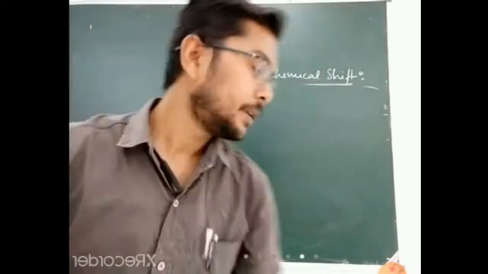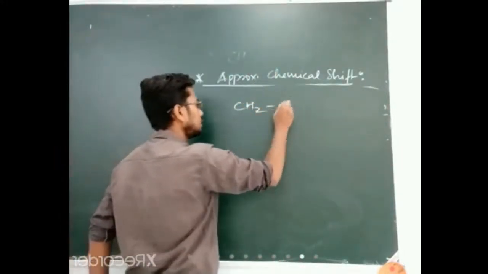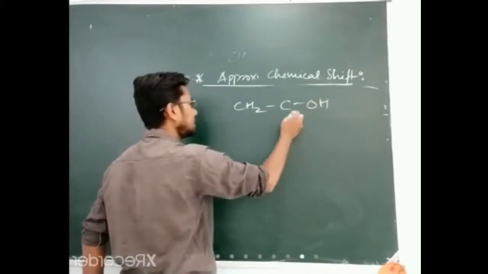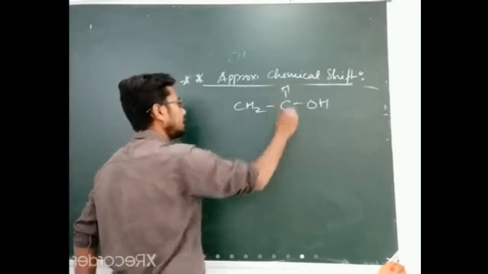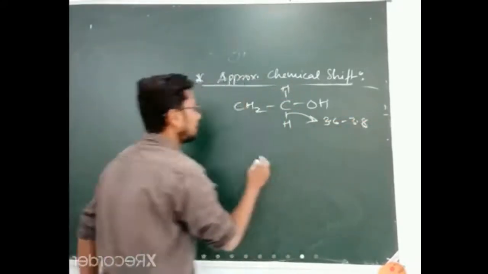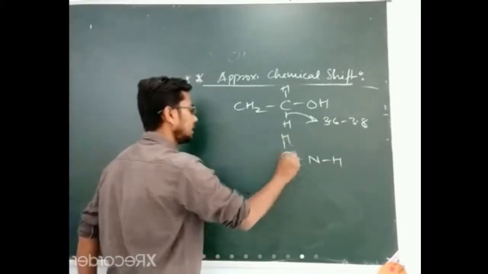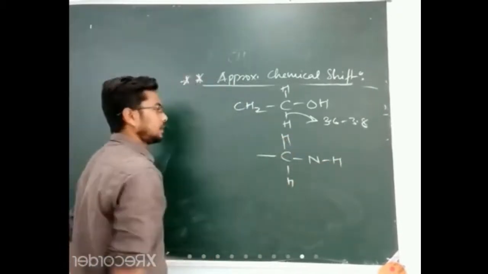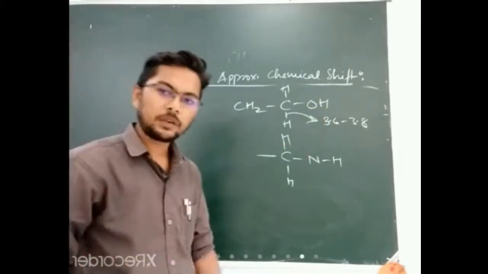If I talk about CH2-C-OH or CH, then this was coming in the 3.6 to 3.8 region. But in the case of C-N-H, which is more electronegative, oxygen or nitrogen? Of course oxygen is more electronegative.